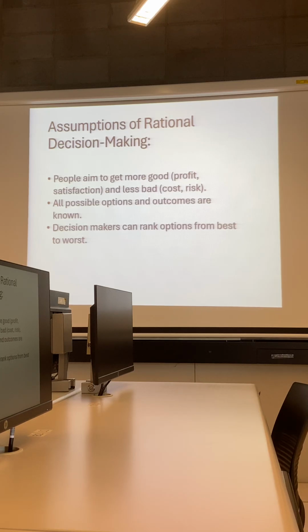Some people really choose bad choices, but let's assume that a lot of people would like to choose the best thing for themselves. All possible options and outcomes are known. To make a decision, you should have at least 2 options.